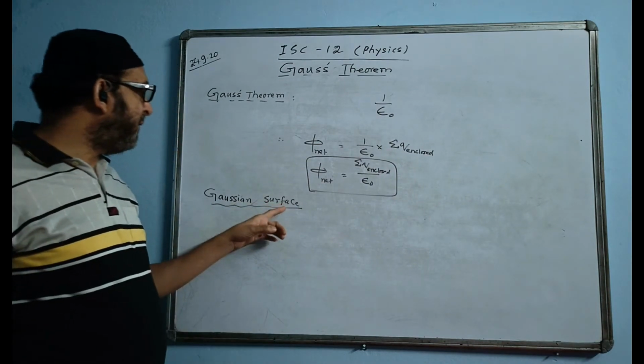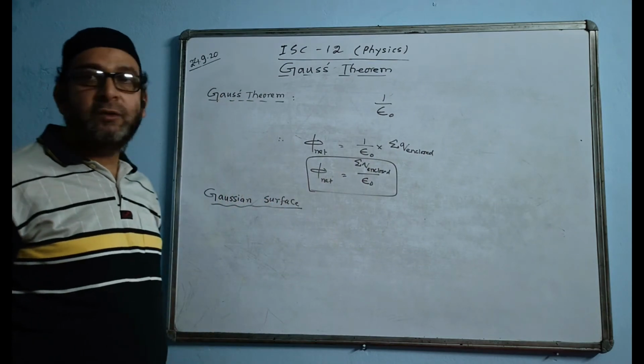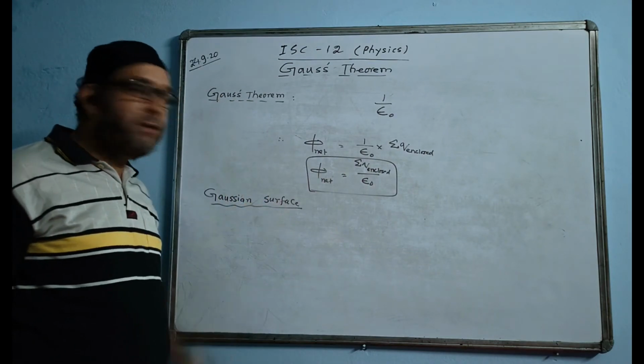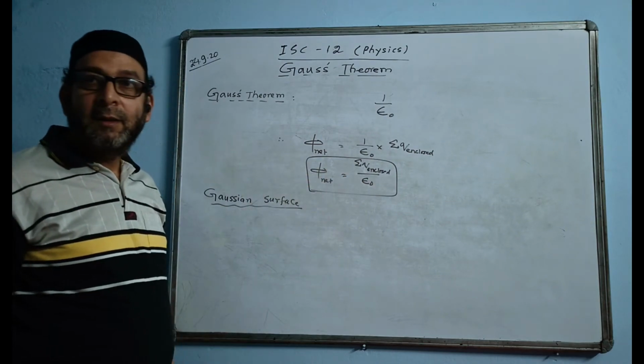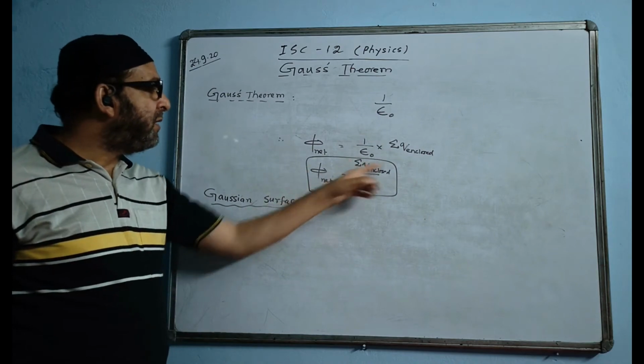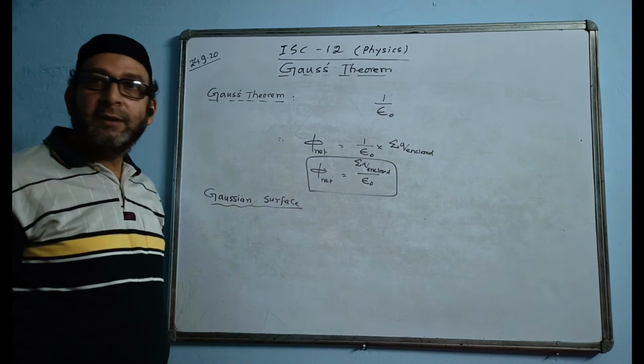Gaussian surface is the surface related to Gauss theorem, or the surface which follows Gauss theorem is called a Gaussian surface. As simple as that, for which this formula is applicable: phi net is equal to sigma q enclosed by epsilon naught. Such a surface is called a Gaussian surface.